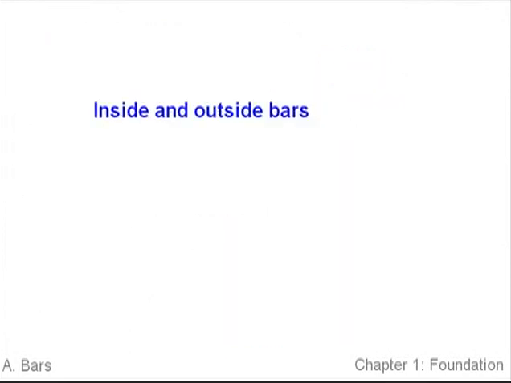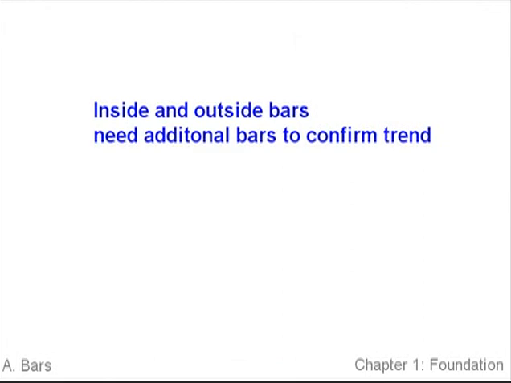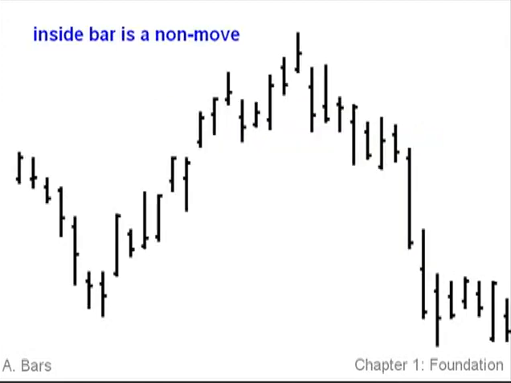Inside and outside bars need additional bars to confirm trend, because by themselves they are indecisive and they are not in a higher high, higher low, or lower high, lower low relationship with the previous bar. An inside bar is considered a non-move, and we'll treat it as if it's invisible.